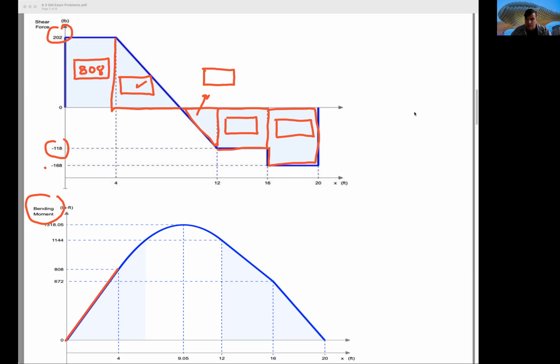I didn't put the decimals. 808, 510.05. Well, I need to go up because it's positive, 510.05. And I do it. I just take my pencil, go up 510. I arrive to this point, and I draw my curve.